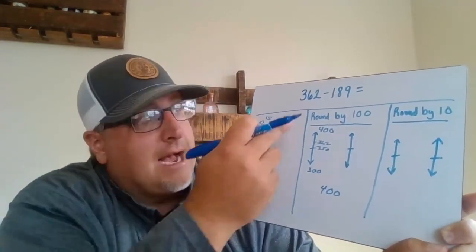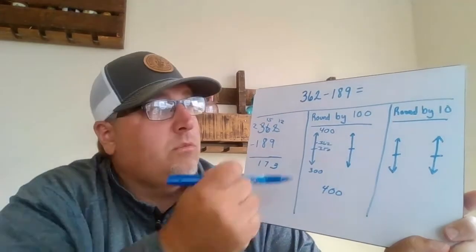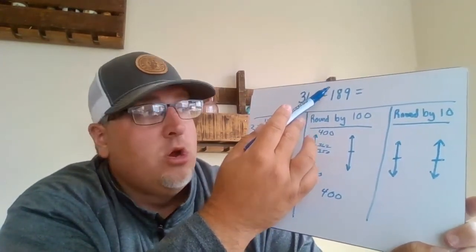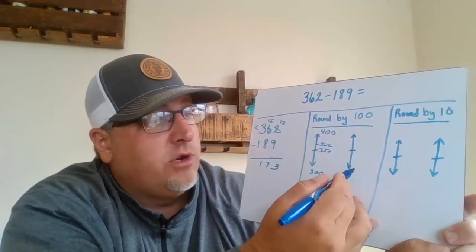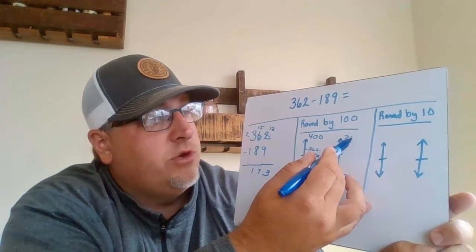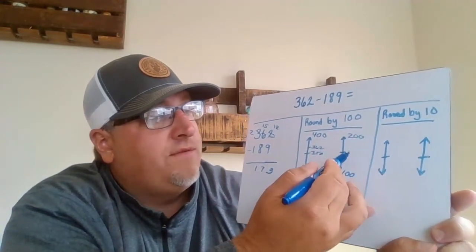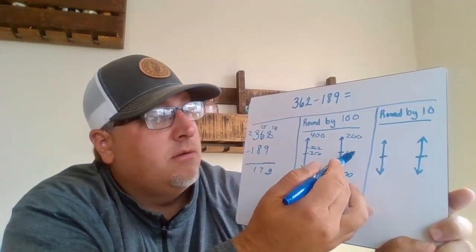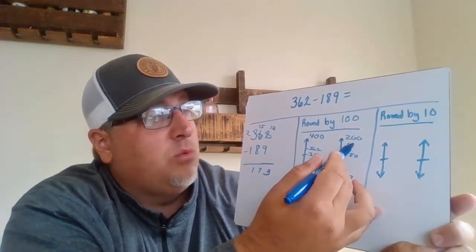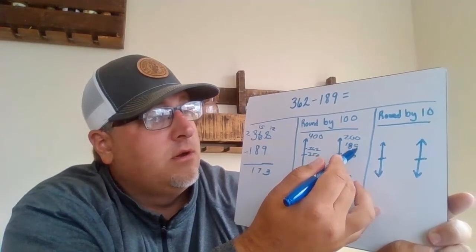Now let's tackle that 189. 189 is going to tell us we're going to either round up to 200 or round down to 100. 150 is our middle marker here, our midway point. 189, as we can see, is probably way up here.